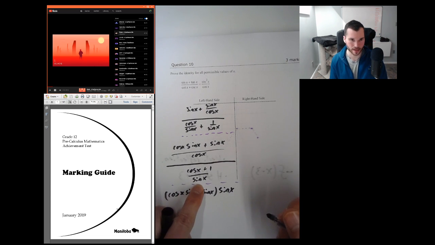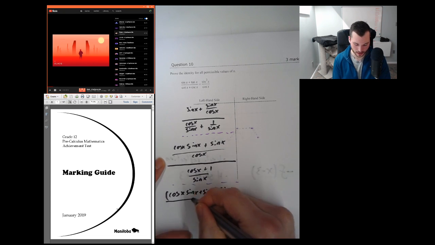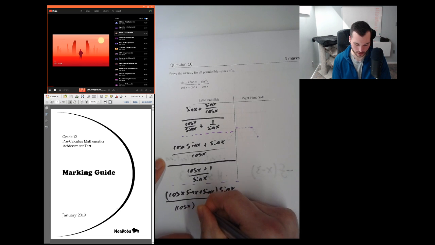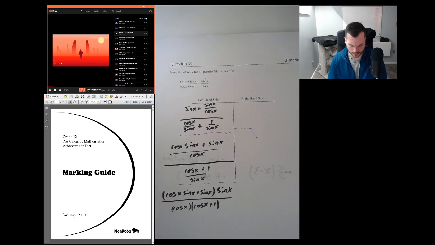That was my denominator being multiplied by the numerator up here. And then on the bottom, I'm going to have cos x multiplied by (cos x plus 1). Like that.